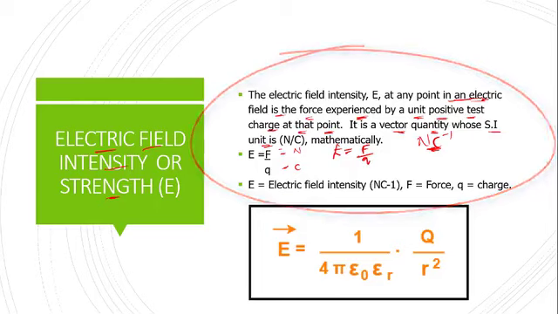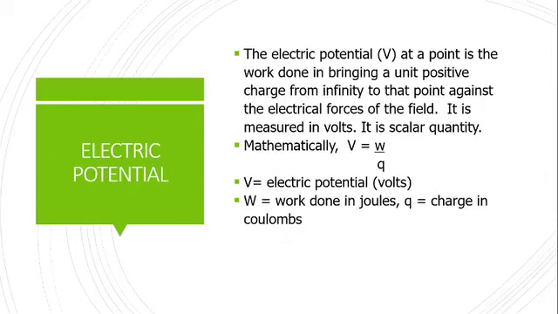The electric potential, as you can see from the slide, refers to the work done in bringing a unit positive charge from infinity to that point against the electrical forces of the field.